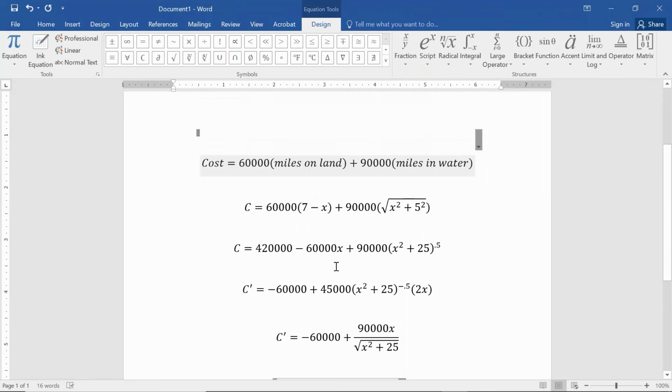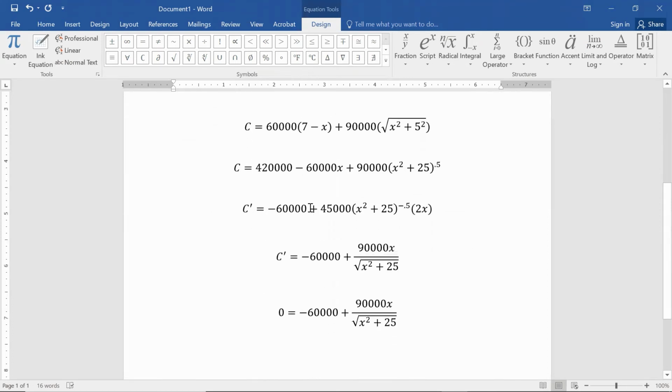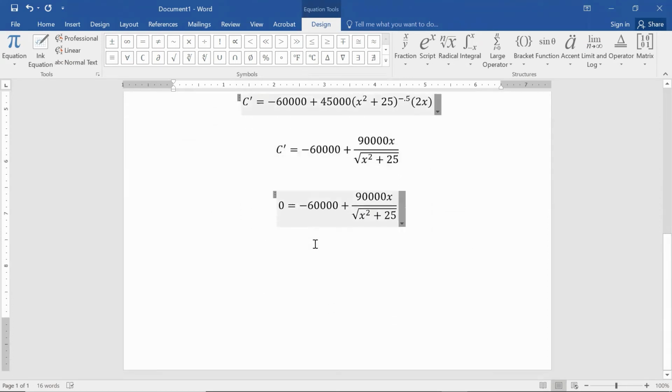By the way, I didn't say this earlier, but it is important at this point that we had the positive square root, and we know we can use the positive square root because we are talking about how many miles. And so it would not make sense to have traveled a negative miles. But that is very important here when we're solving this, because if you used a negative square root, none of this is going to work out very well.